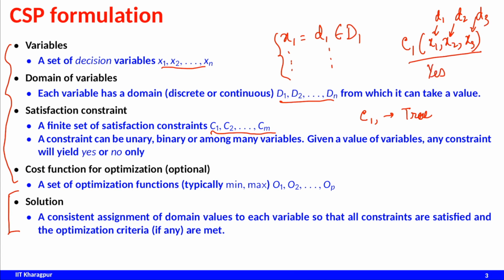And if it does not yield yes, that means the constraint is not satisfied. If you are solving only the satisfaction problem, then if it is satisfied it's fine, and if I have some optimization criteria, then we would like to optimize that criteria as well.